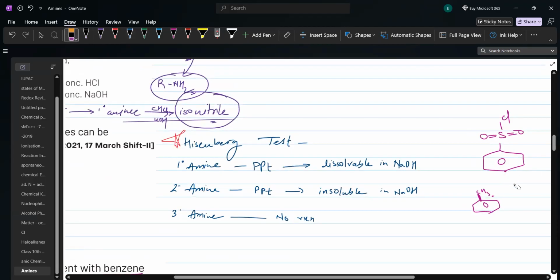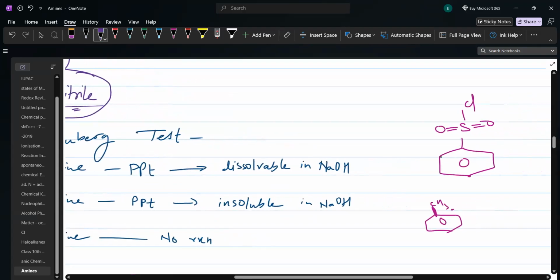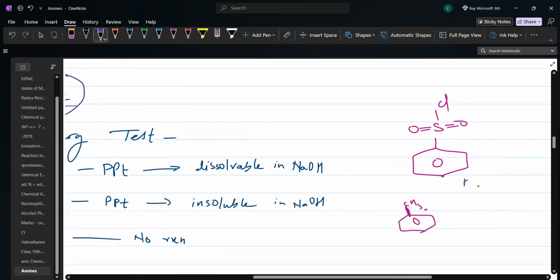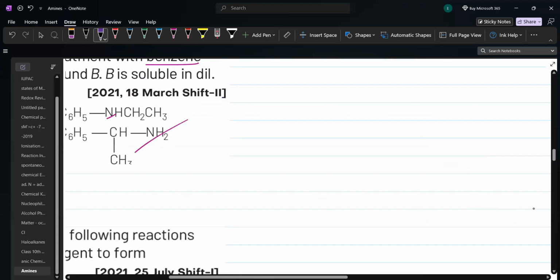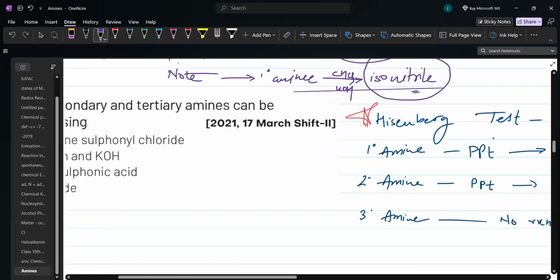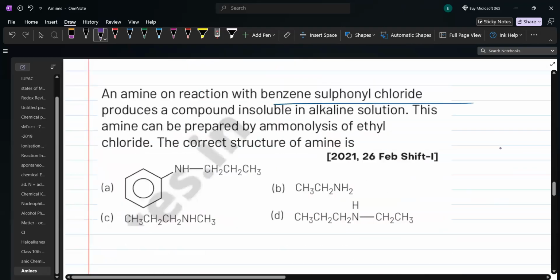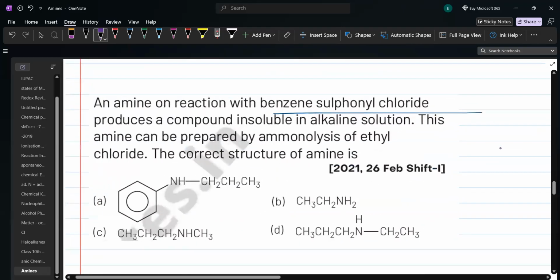You don't have to attach a methyl group here. Okay, this is the Hinsberg reagent. Check. So in this question, when a methyl group is attached there, the product will be the same, no problem at all. It will not affect anything. The examiner was just confusing.